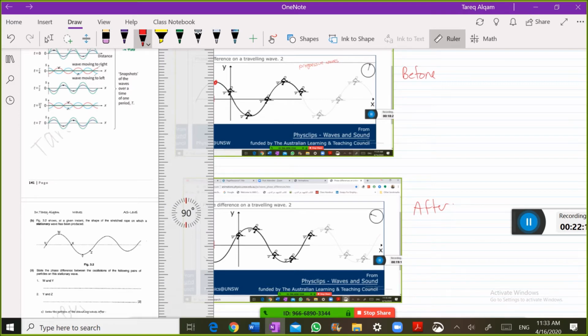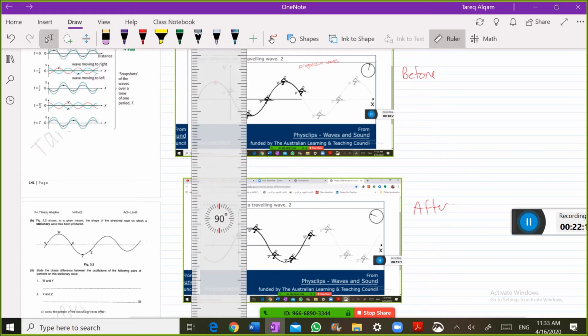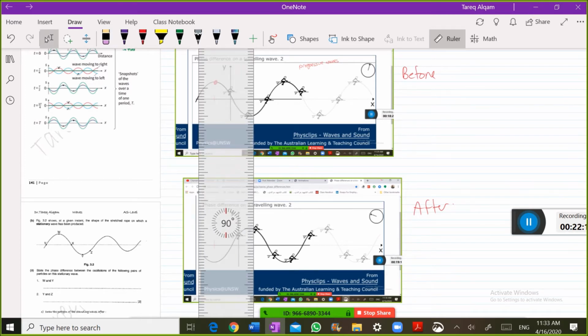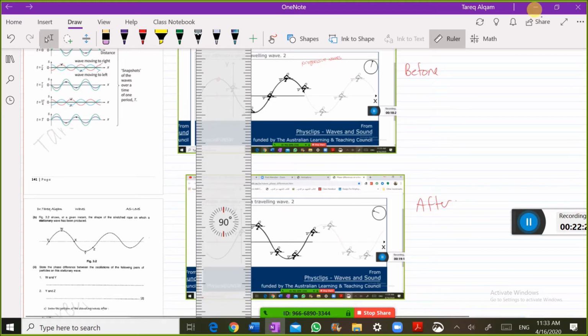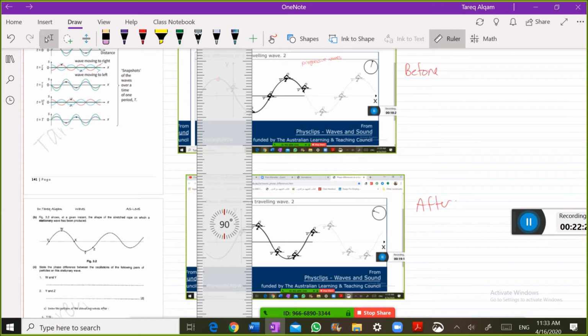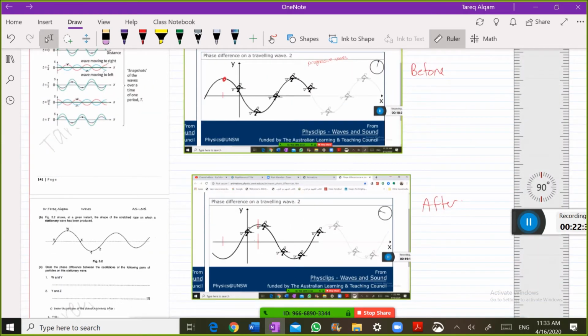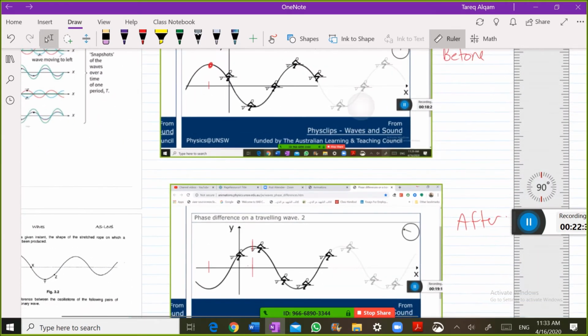Disturbance, I meant. The particle stays at its point. The peak here is shifted with time to this position, right? Is that clear, guys? So the peak was here, then it's shifted here. So with the time, the disturbance moves along in this way.